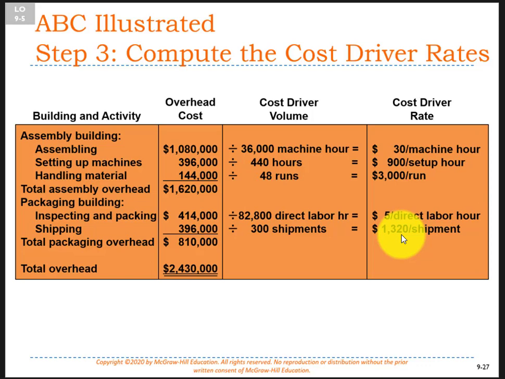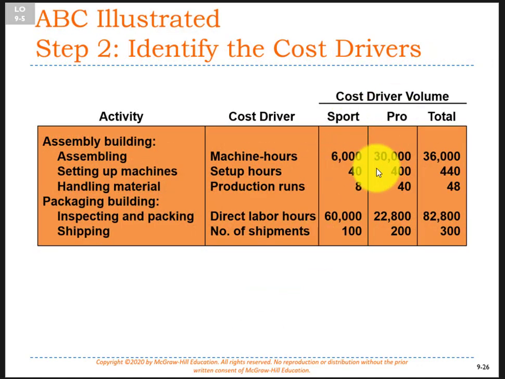So now I need to know how much sport used of this cost driver, how much pro used of this cost driver, which was on this earlier. So we already have that data. If you don't have that data, you can't do this. So this needs to be something that is relatively easy to find in a real life setting, if you were doing this for an actual company.